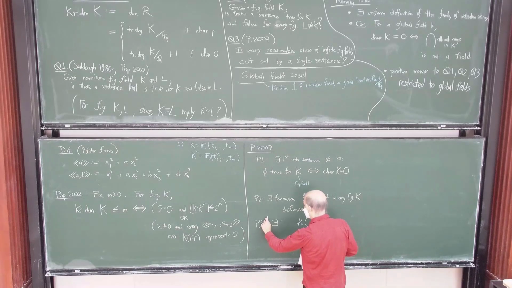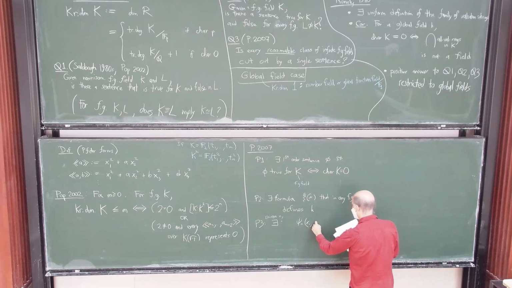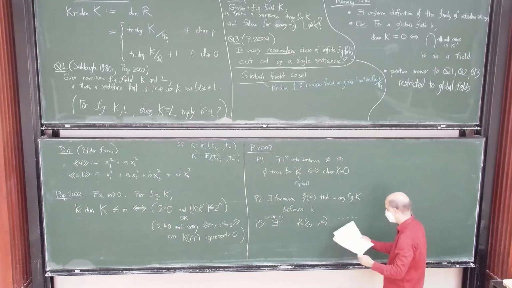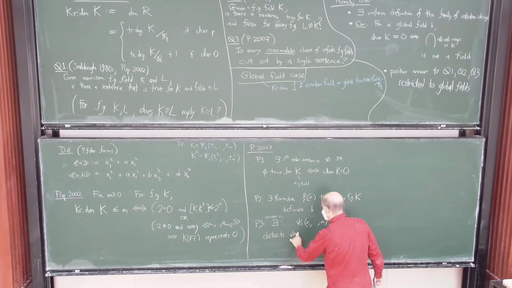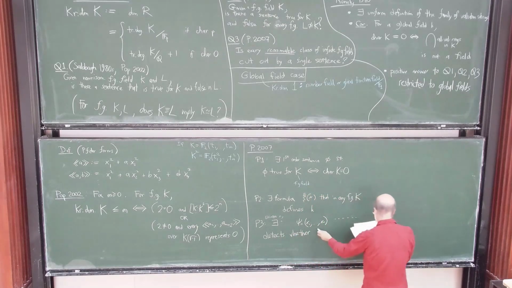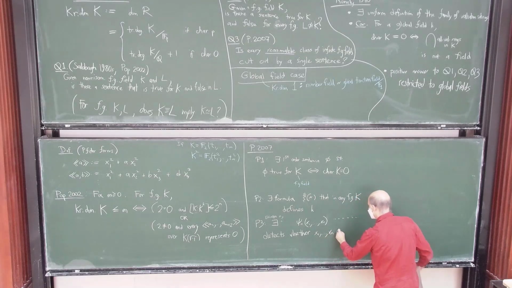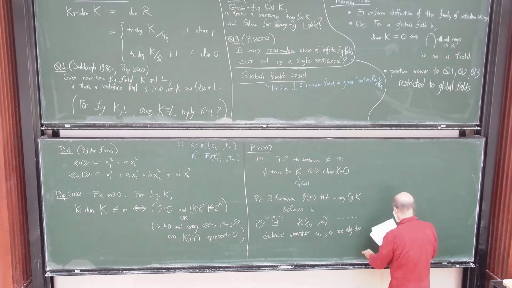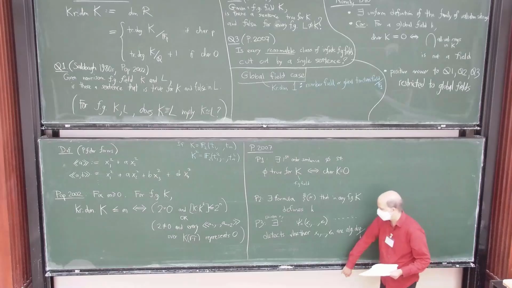So for given n, there exists a formula phi sub n in n variables that in any finitely generated field K is true exactly when the numbers you plug in are algebraically dependent over the constant field. So it's detecting algebraic dependence.